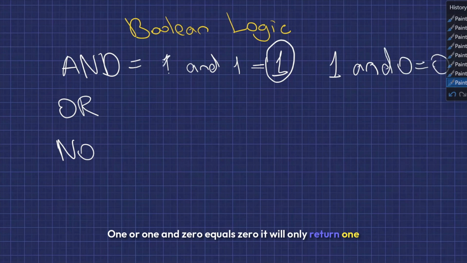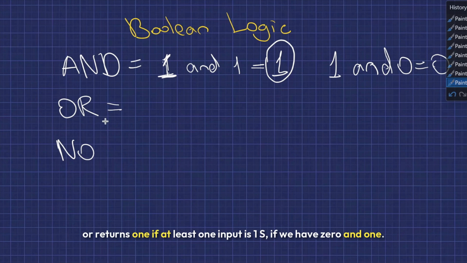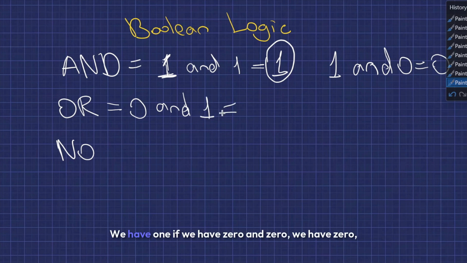OR returns 1 if at least one input is 1. So if we have 0 and 1, we have 1.